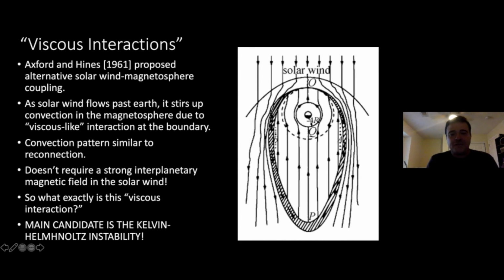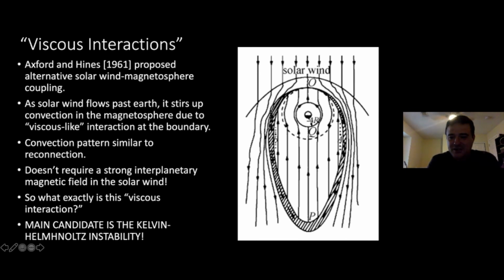And as that sheath flows around Earth, Axford and Hines in the 60s proposed that this could be an alternative method of solar wind magnetosphere coupling. Essentially, like winds blowing over water, the magnetosheath flow blows on the boundary of the Earth's magnetosphere, stirring up flow in what they call a viscous-like interaction.